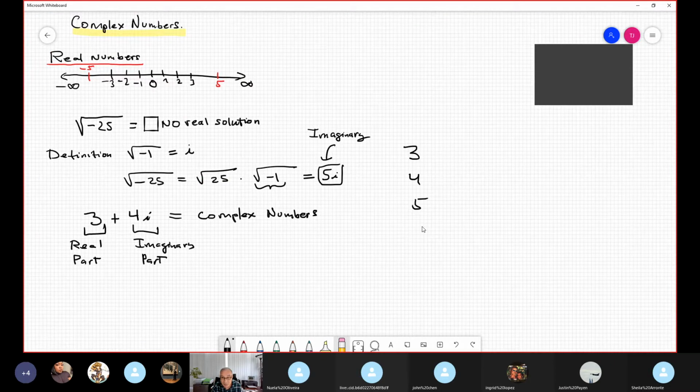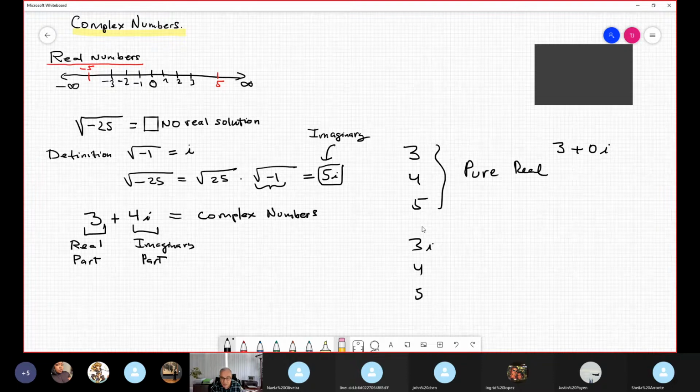This is an example of a pure real number, because we have no i. Does this belong to the complex field? Yes, because it's 3 plus 0i, so the imaginary part is 0. And we have another number, for example 4i, which contains i. This is pure imaginary.